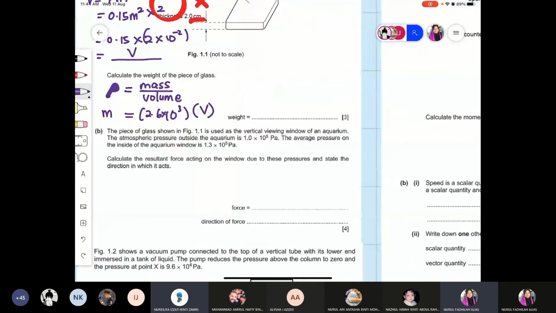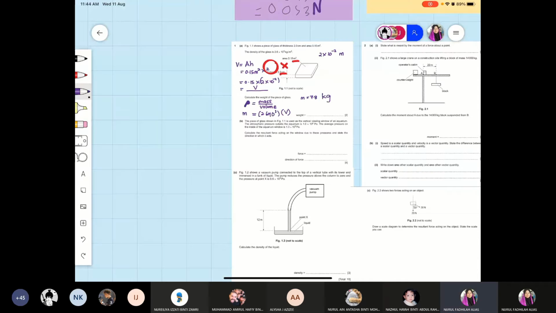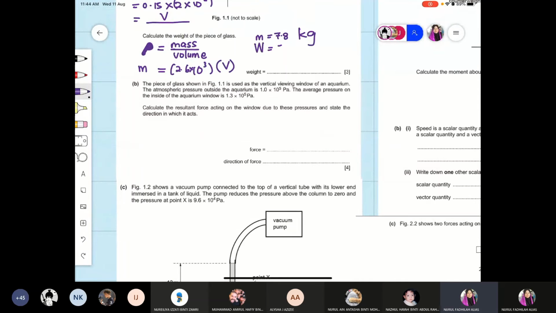So dapatlah mass awak berapa? Ya? 7.8. Yes, dapatlah mass 7.8. So W equals to 7.8 times 10. So dapatlah 7.8 Newton. So I expect to see this lah daripada you all.